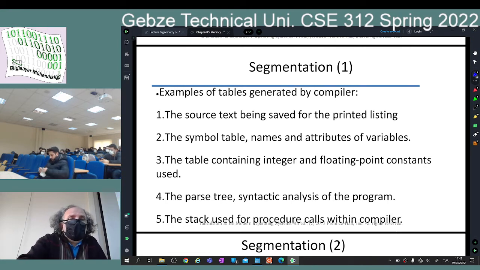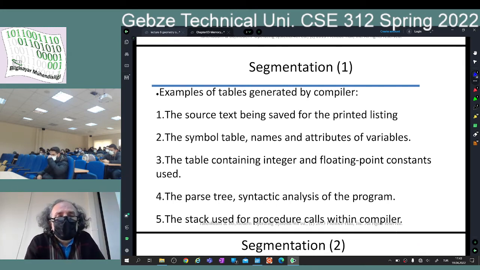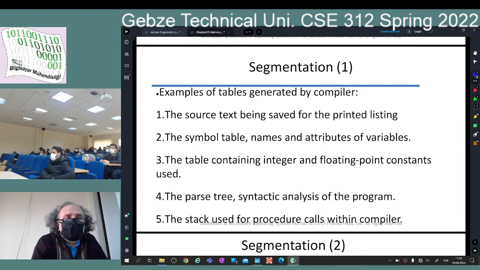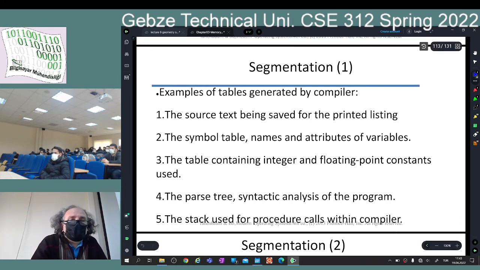I will keep my constants in another table. I will keep my parse tree, the syntactic analysis results, in another segment. And for the fifth segment, I am going to use it as a stack. These are all supported by the operating system and the hardware.